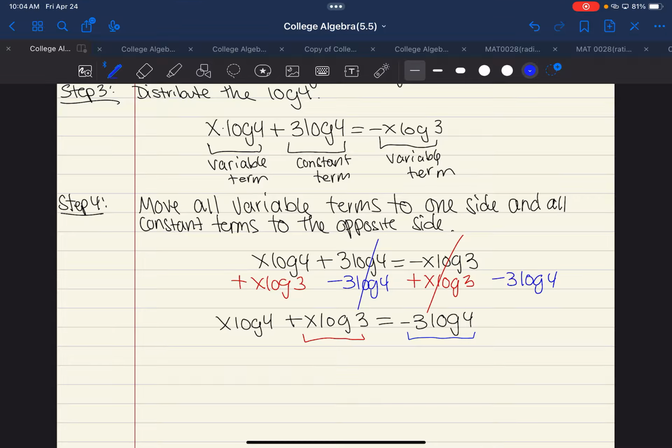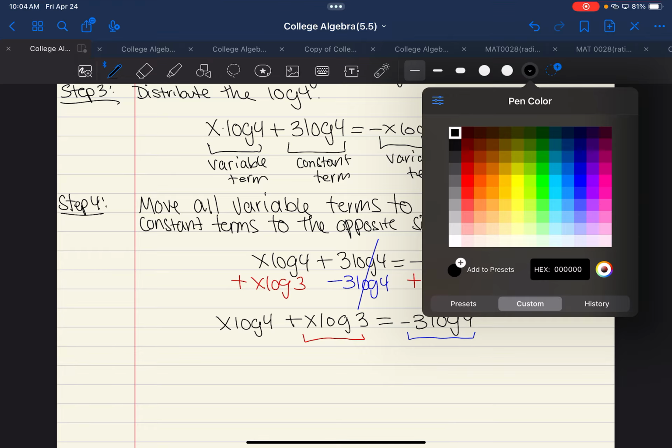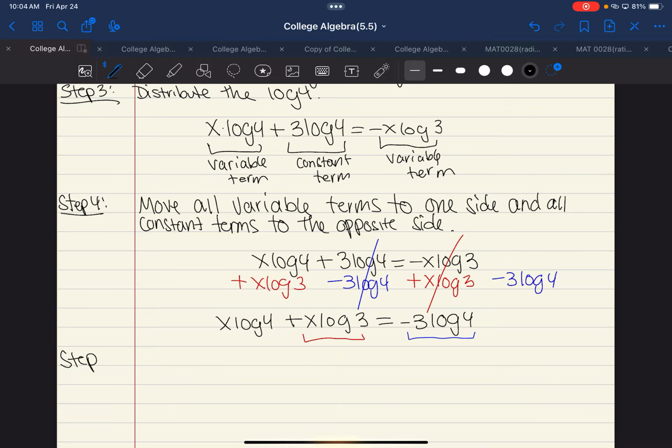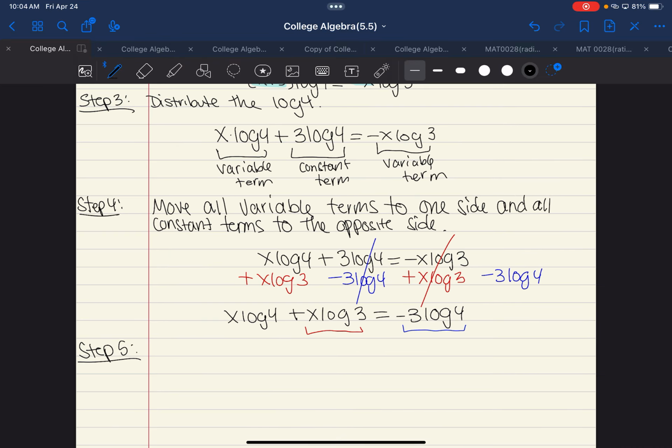Okay. Step 5. Remember what my goal is. My goal is to get x completely by itself. Now both of these terms have an x in them, a common factor, so I'm going to factor the x out, the GCF of x.